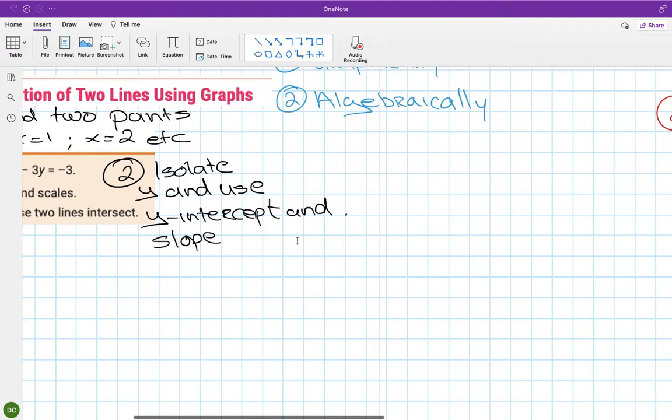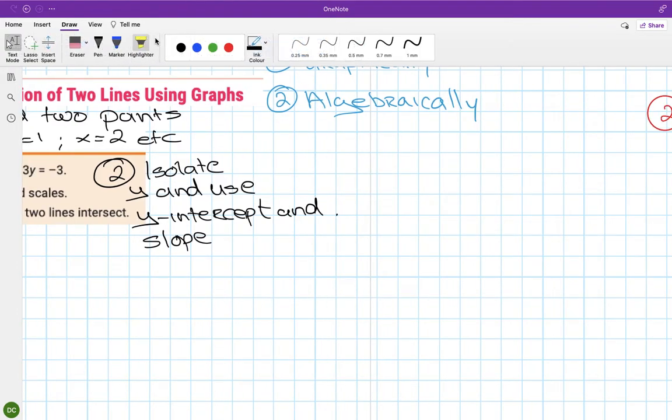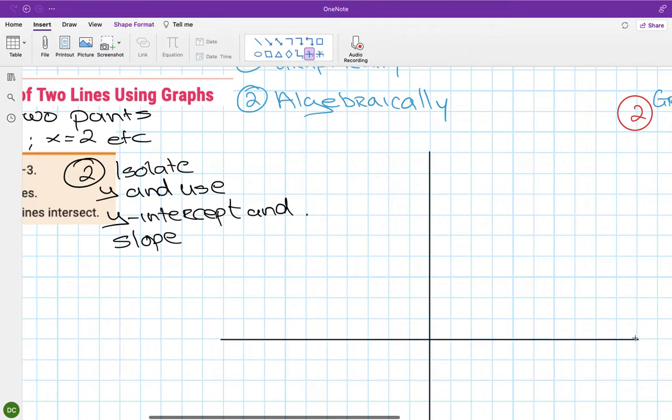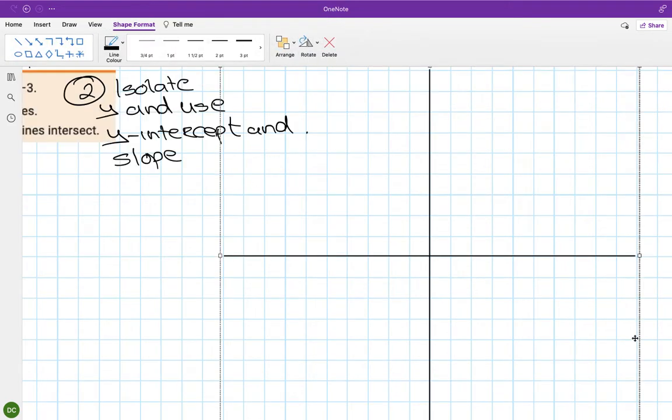I might plot that just while I'm here. I have no idea what the second one is going to be, but we'll just throw this down. And I put in some numbers: 1, 2, 3, 4, 5, 6, 7, 8. I can put 10 on my x.